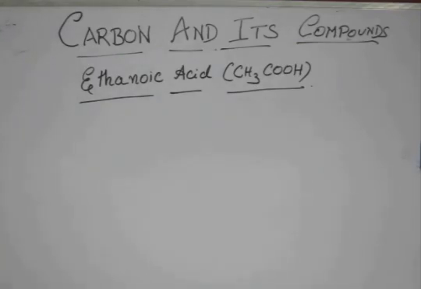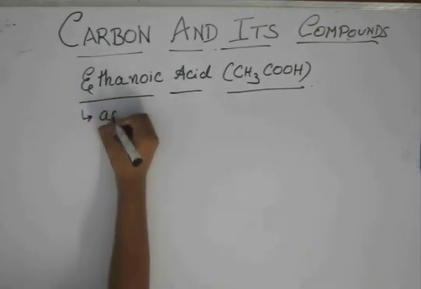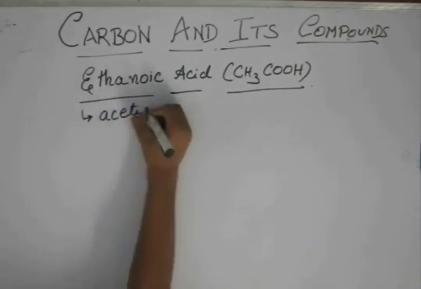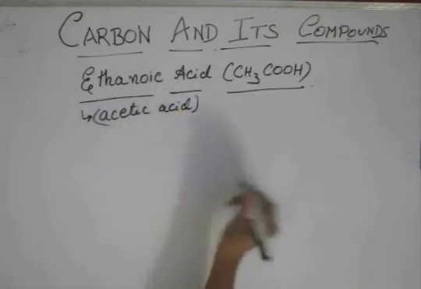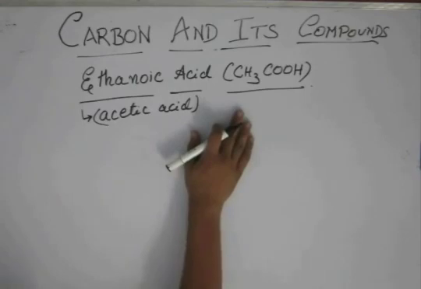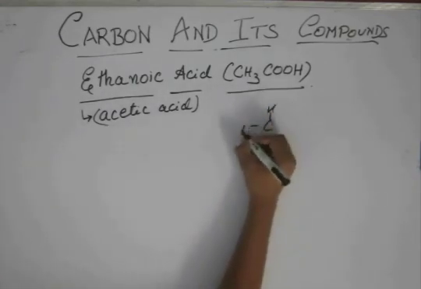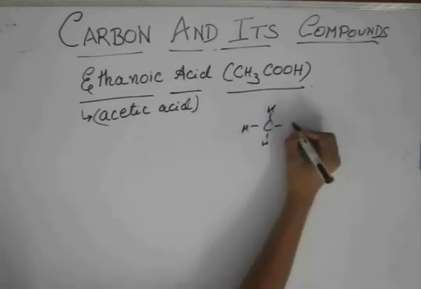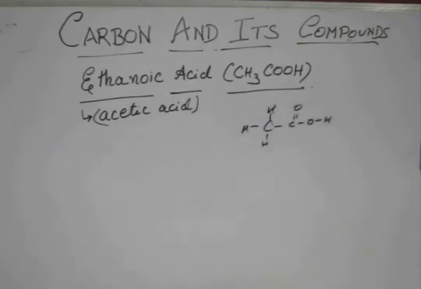Ethanoic acid is basically, as I told you, commonly called acetic acid, and its formula is CH3COOH, and its structure we know is this: C double bond O, single bond O, H.